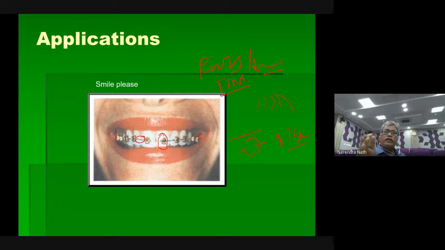That's why titanium is there: titanium takes care of nickel ion release. The titanium creates a rutile layer, a very hard oxide layer. So the nickel ions being released find it very difficult to break through and come out. So these are all the advantages on the other side.